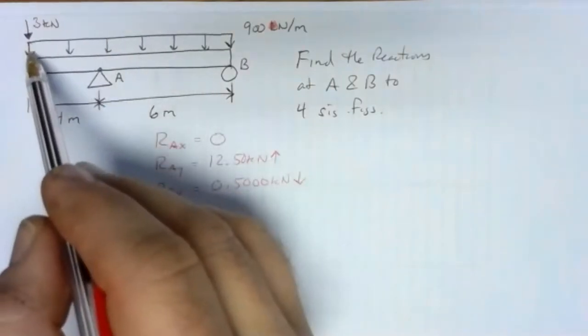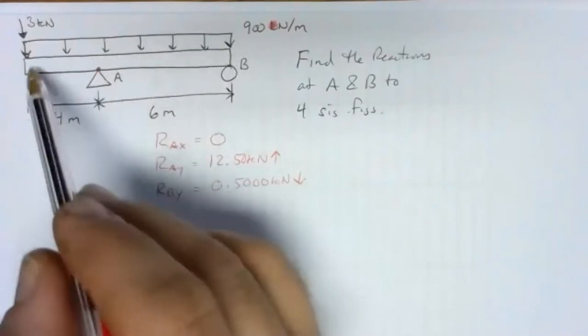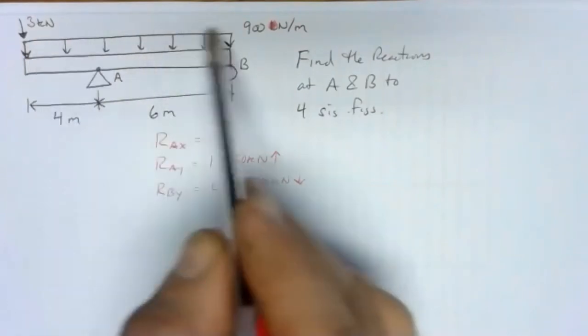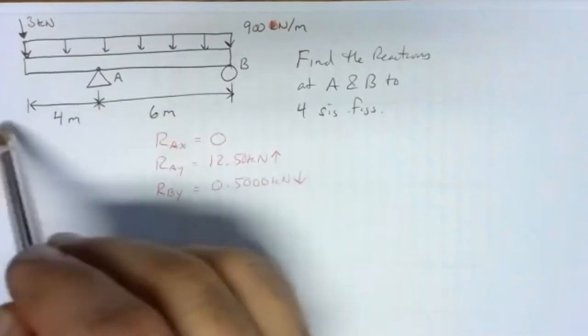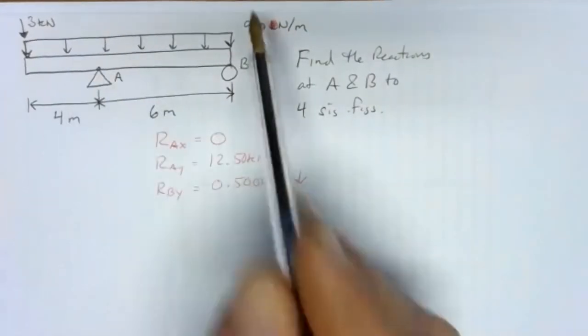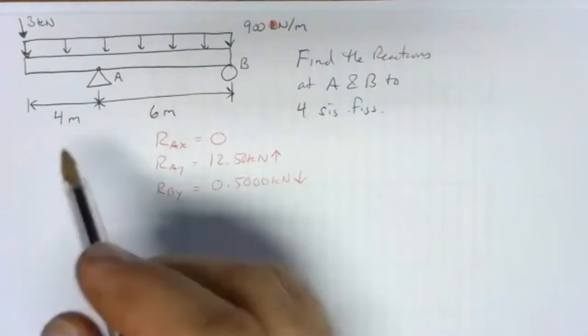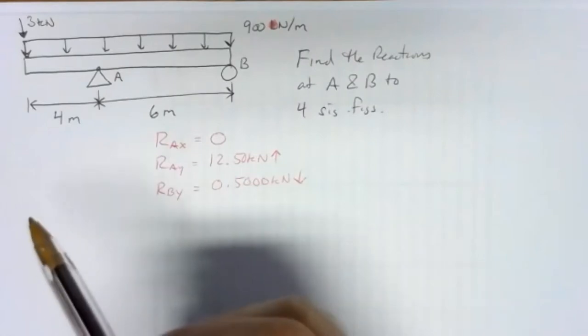So last time we saw to find the equivalent point force magnitude, we had to multiply the height of the rectangle by the width of the rectangle. So this is 10 meters wide and 900 newtons per meter high. That's 9,000 newtons or 9 kilonewtons.